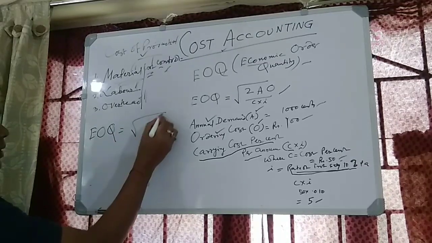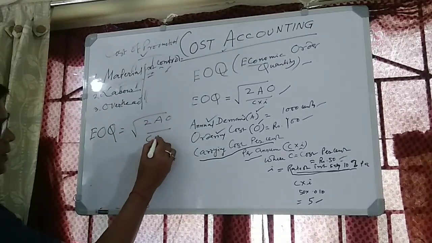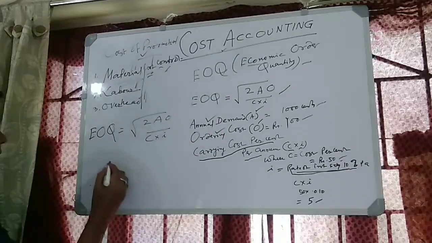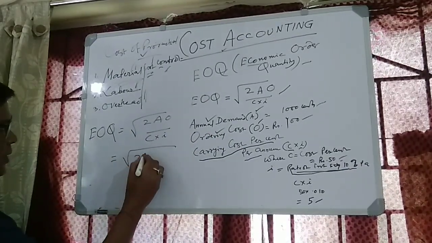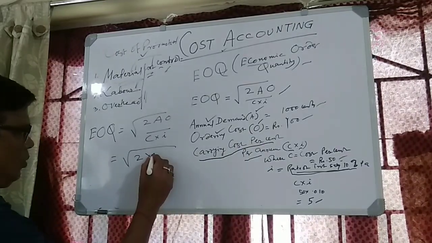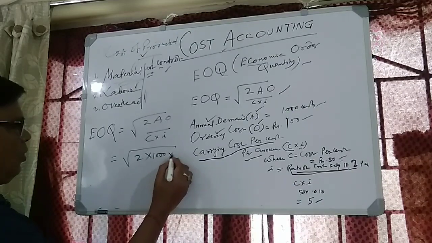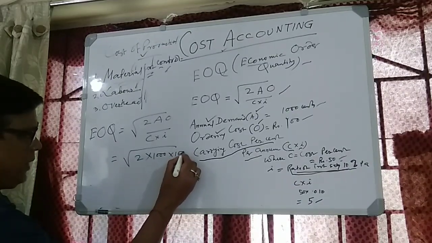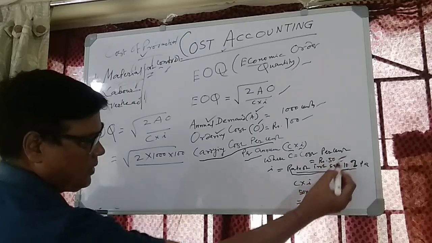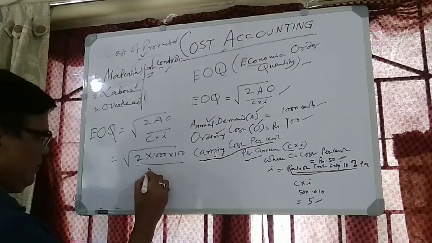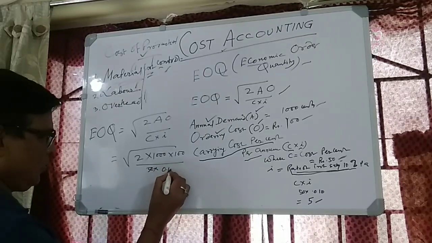Now we come to the formula: EOQ equals square root of 2AO by C into I. So it is 2 into A equal to 1000 units, into ordering cost O equal to 100, divided by cost per unit rupees 50 into I equal to 10%, 0.10.